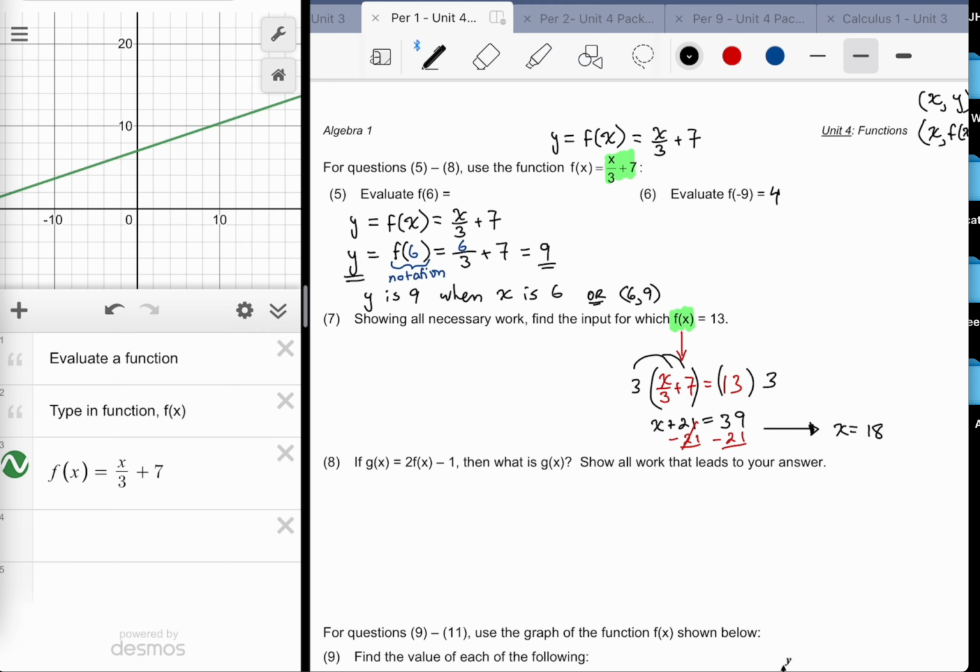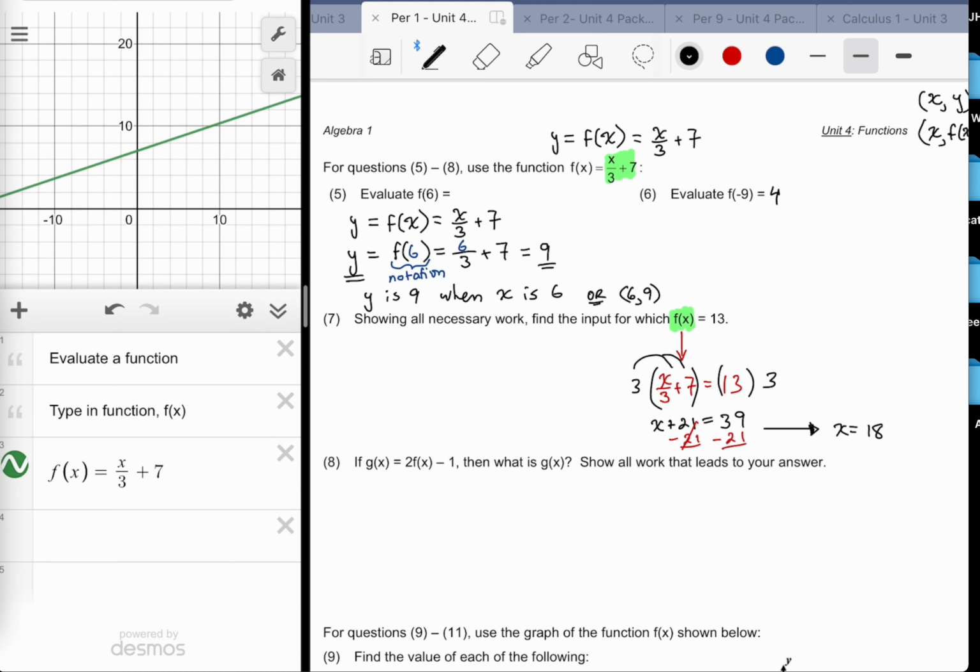Now, if I want to evaluate that function, I might put a little reminder to myself: what x value am I using to evaluate my function? What is the number I'm putting in? F of what?